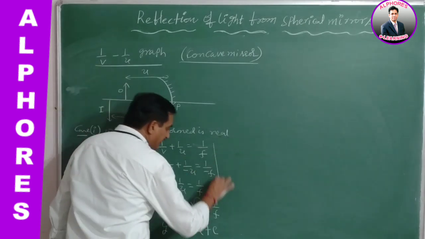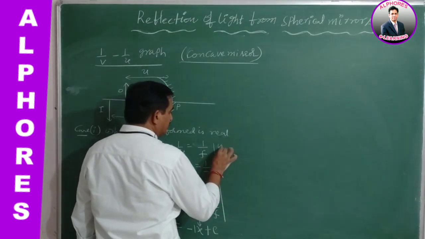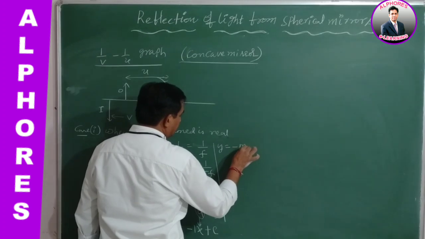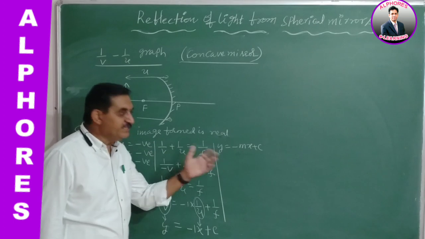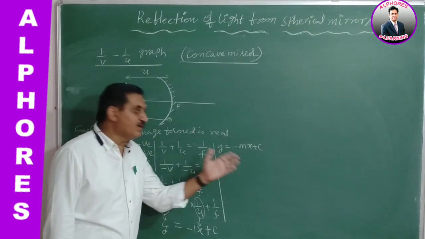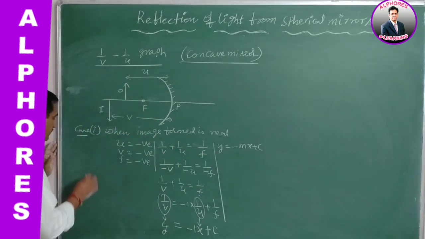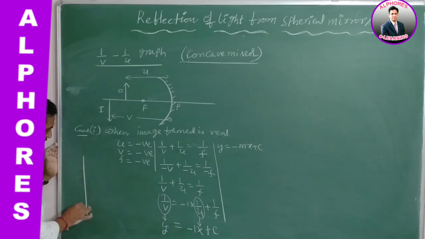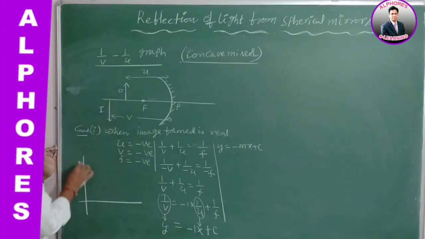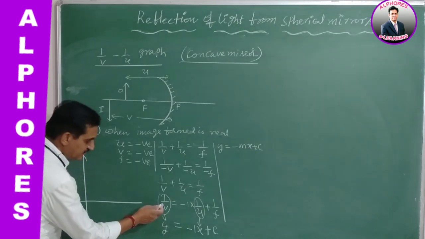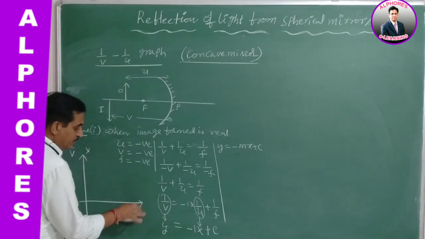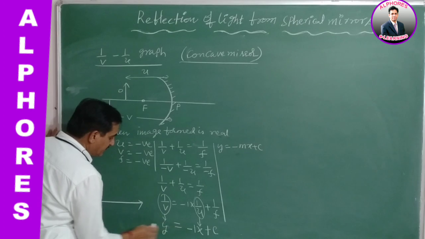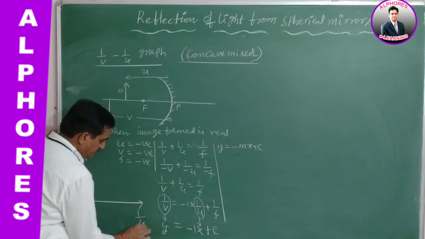Therefore, we compare this with y equals minus mx plus c. So this is a linear equation. Its corresponding graph is a very simple graph, with 1 by V on the y-axis and 1 by U on the x-axis.